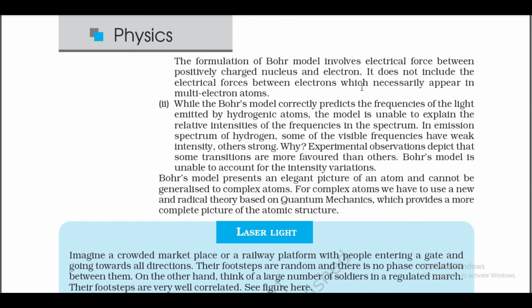Bohr's model is unable to account for the intensity variations. Bohr's model presents an elegant picture of an atom but cannot be generalized to complex atoms. For complex atoms, we have to use a new and radical theory based on quantum mechanics, which provides a more complete picture of the atomic structure.